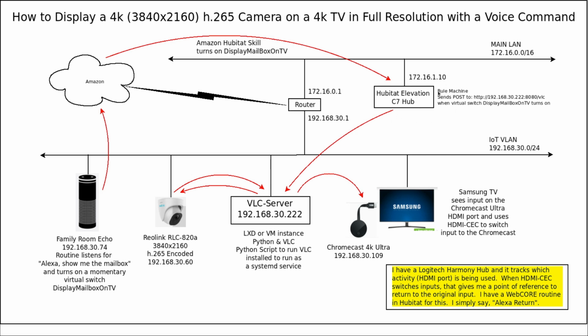Then I have a Rule Machine, which is one of the apps that you have on Hubitat, that sends a POST command to this particular IP address, and it invokes a routine that we're going to talk about shortly whenever that virtual switch turns on. And when that happens, it goes ahead and issues that POST command, which accesses the server down here.